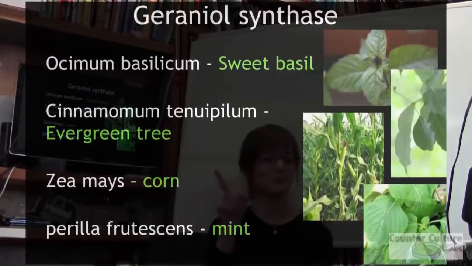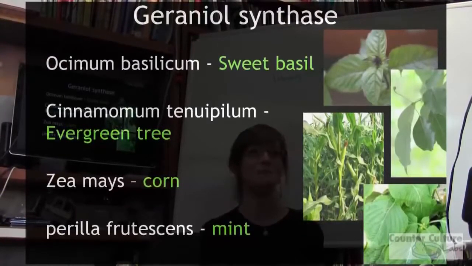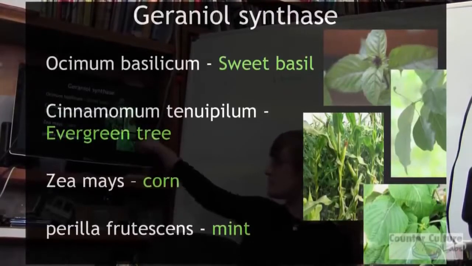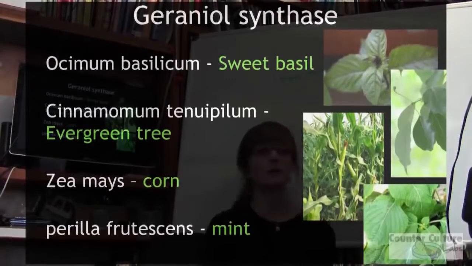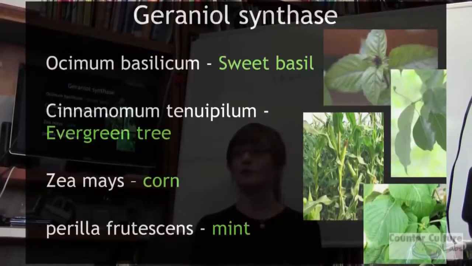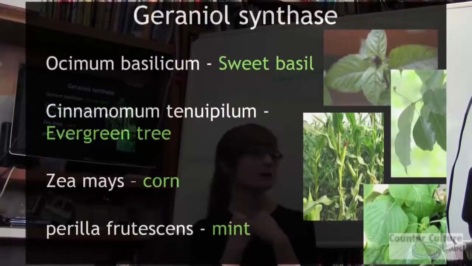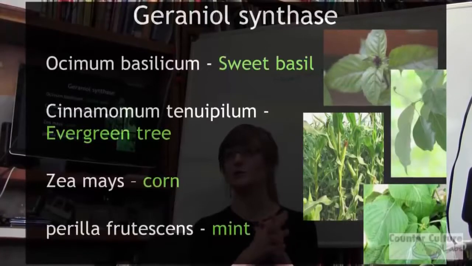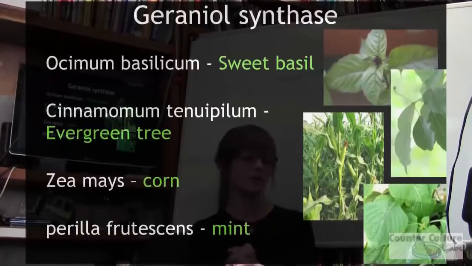However, we'll talk about why that's probably not the best option. But the geraniol synthase enzyme is present in many organisms that are readily available, whether that means that you get the organism yourself and isolate the gene, or someone else is working on this organism and has the genome available for you to play with.